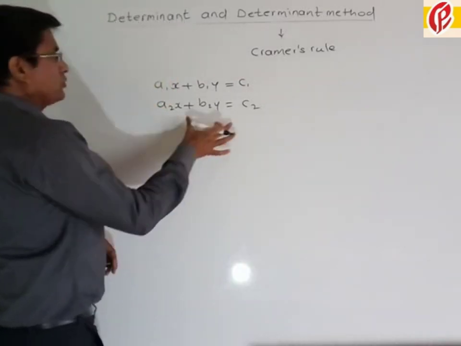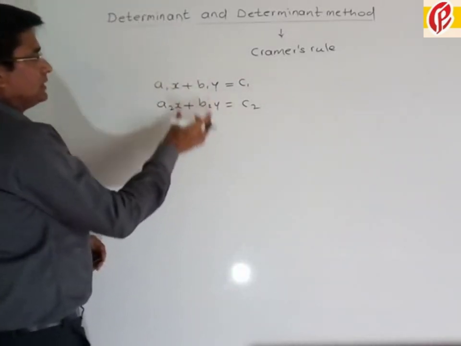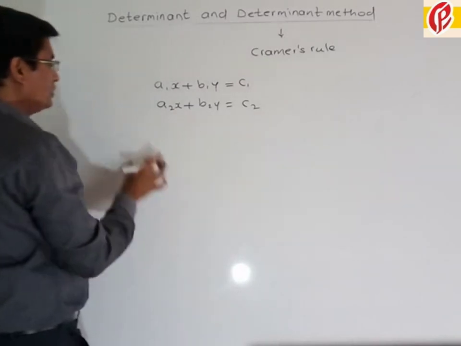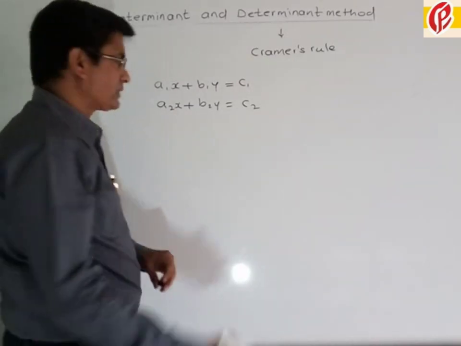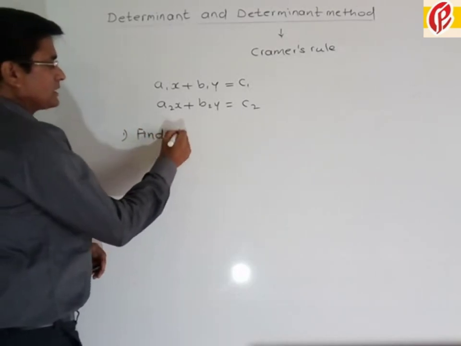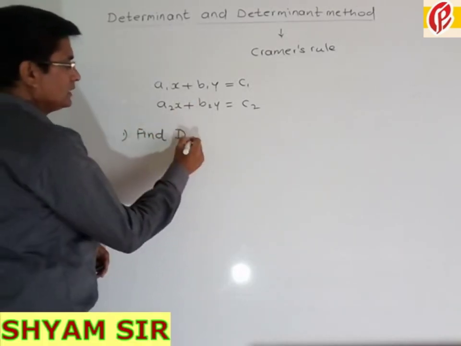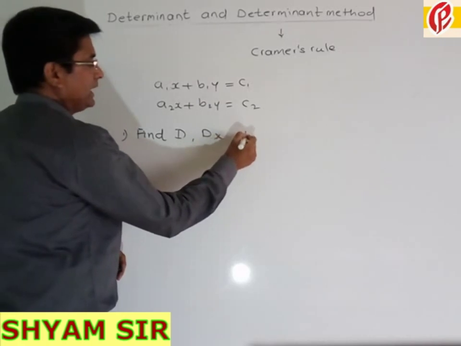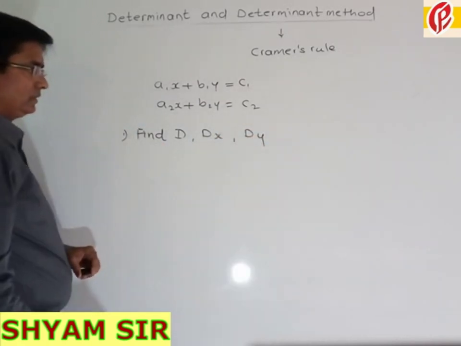So to find the solution of the linear equations using Cramer's rule, you will have to follow the steps. The first step is to find three determinants: D, Dx and Dy.